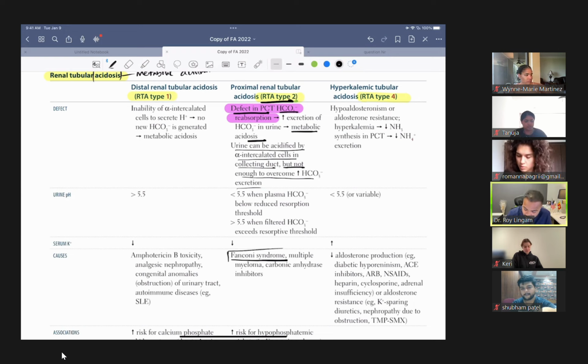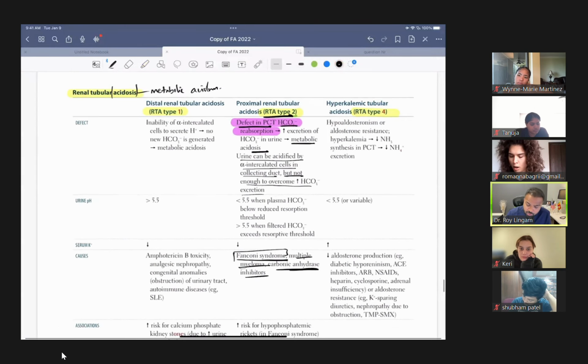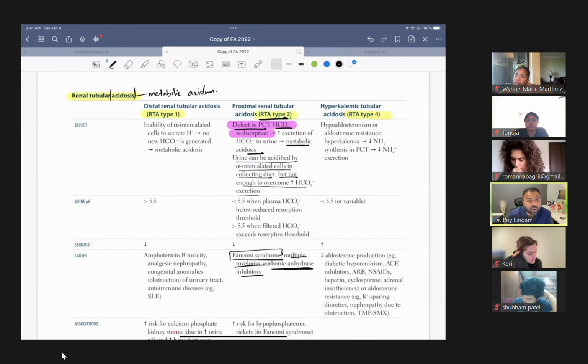Technically, Fanconi can cause it, folks. Multiple myeloma also causes it. Why? Multiple myeloma shuts down the PCT. Once you shut it down, nothing works. Okay? There is also carbonic anhydrase inhibitor. Just remember this. When we do the pharmacology, that will make sense. I will explain that. Okay? So that's type 2. Is everybody clear, folks?